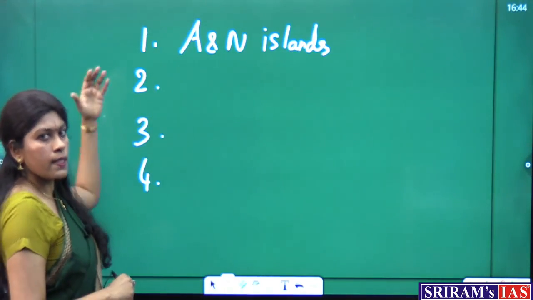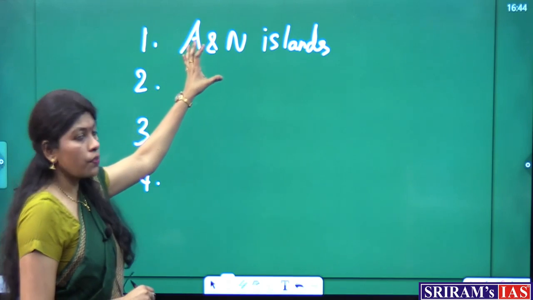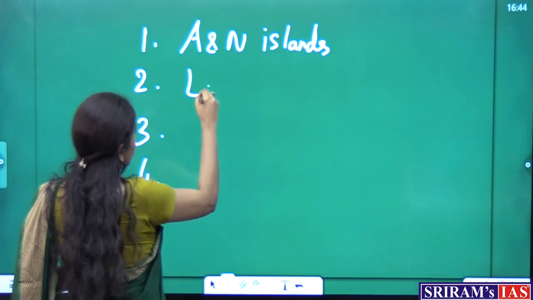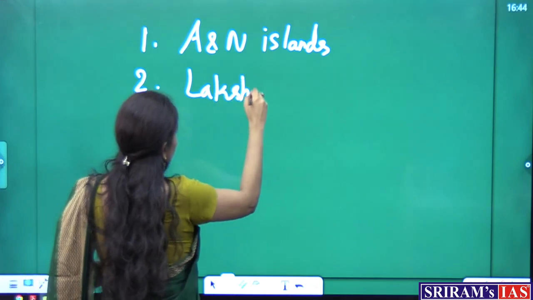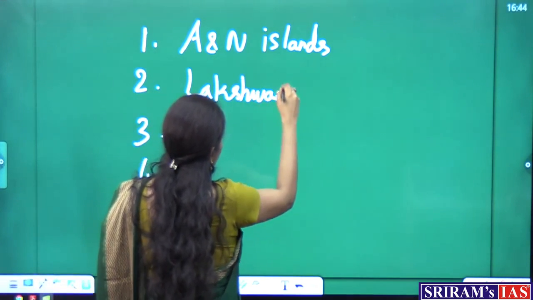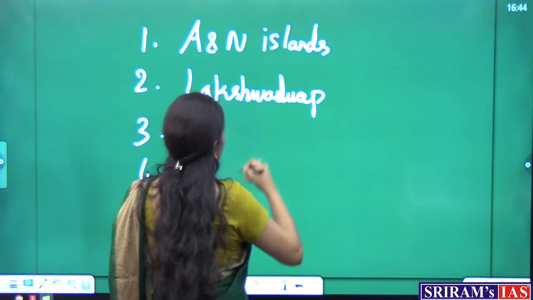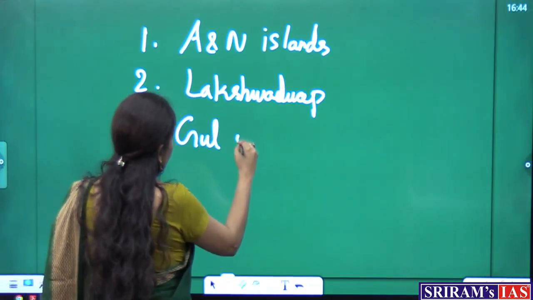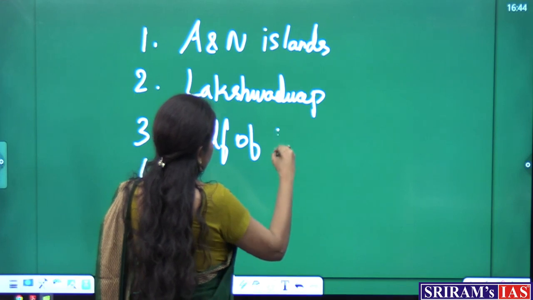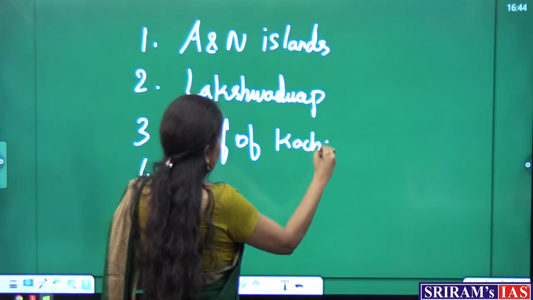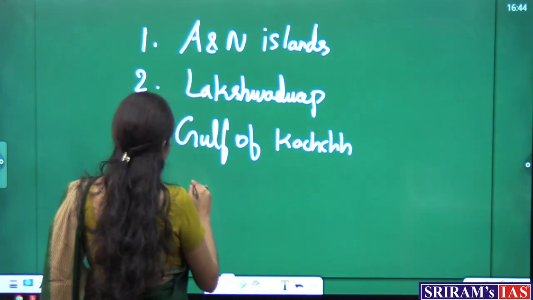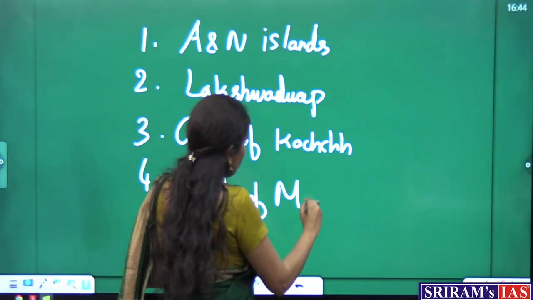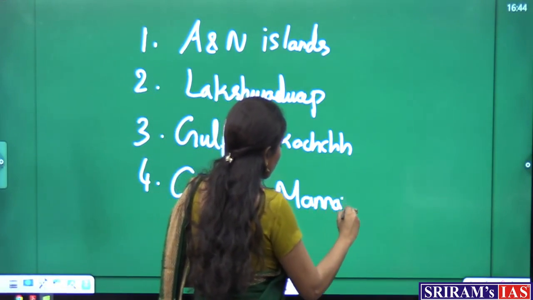I am writing in descending order. The largest coral reef area is the Andaman and Nicobar Islands. Then Lakshadweep. Third, Gulf of Kutch, and Gulf of Mannar.